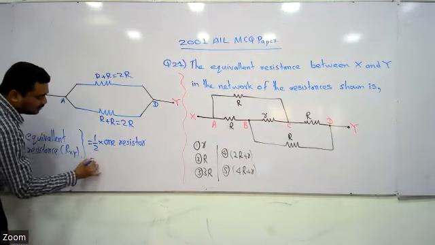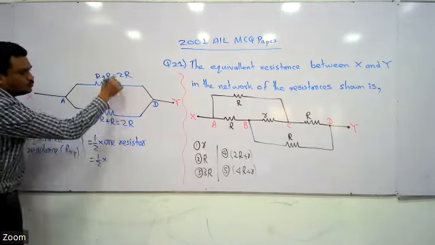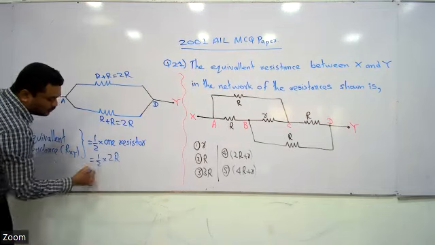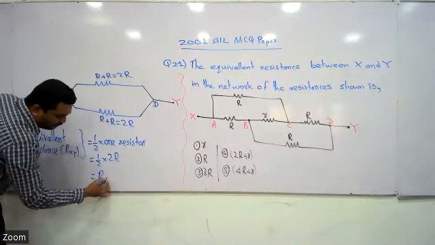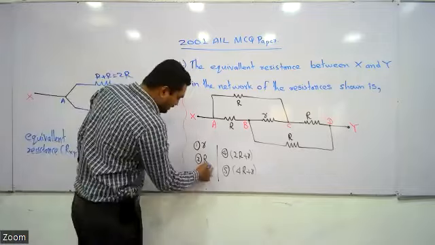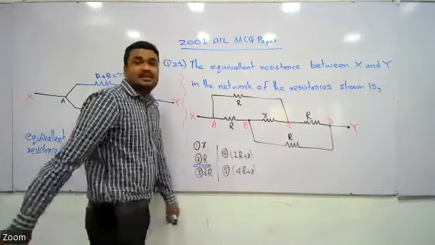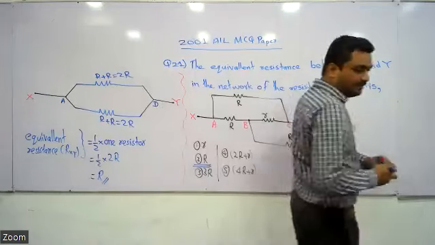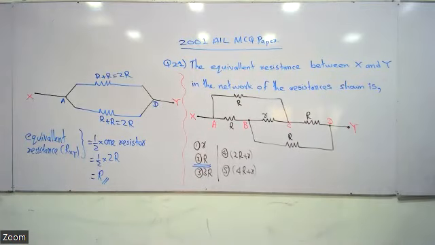That's the method. So half of one of the resistors, 2R. The 2 and 2 cancel out. Therefore, the equivalent resistance is R. So the second answer is the correct one. Complete here. That's it.